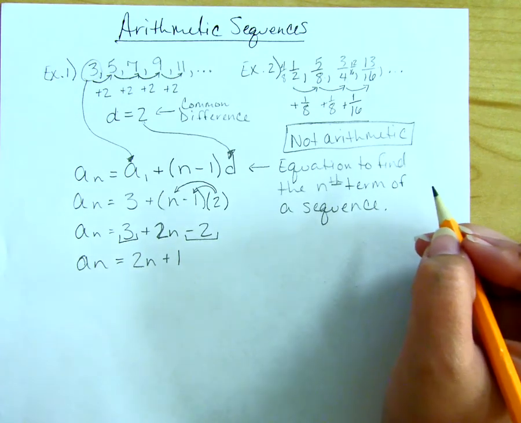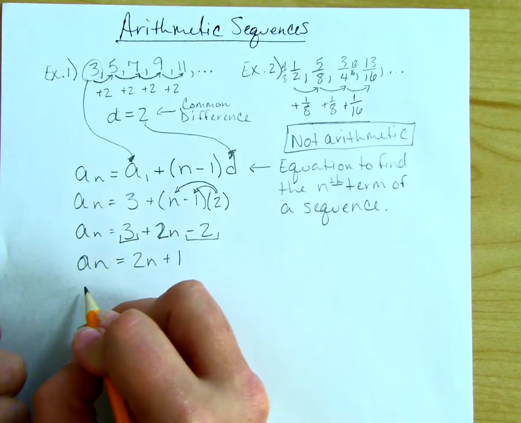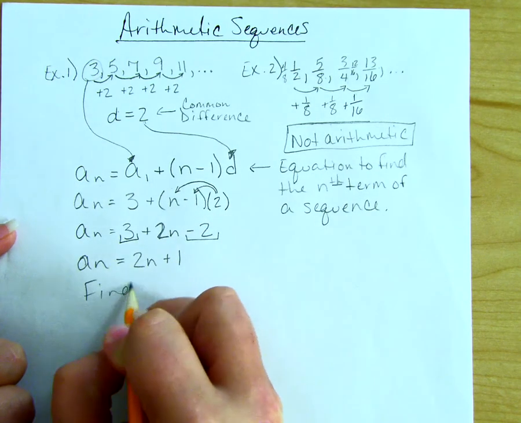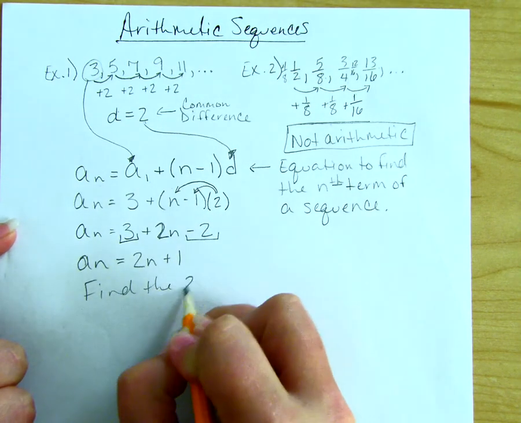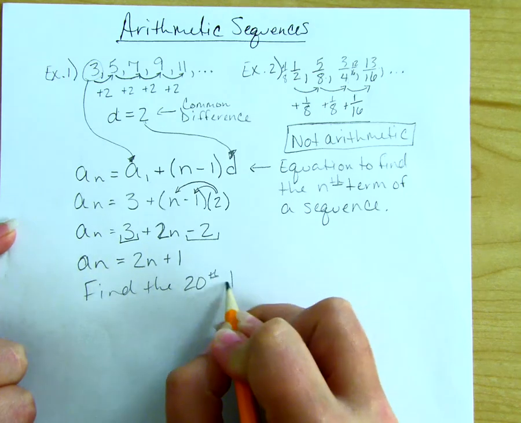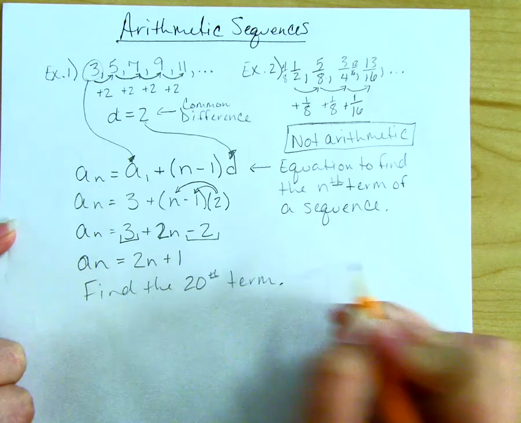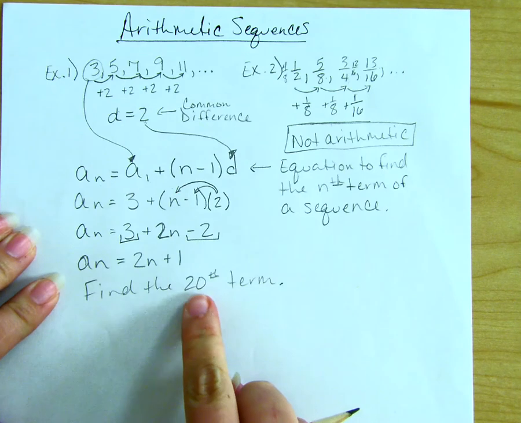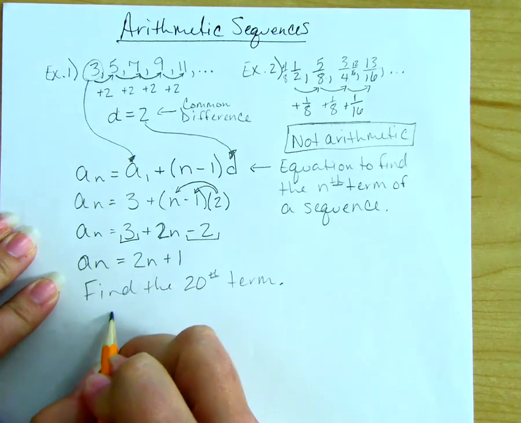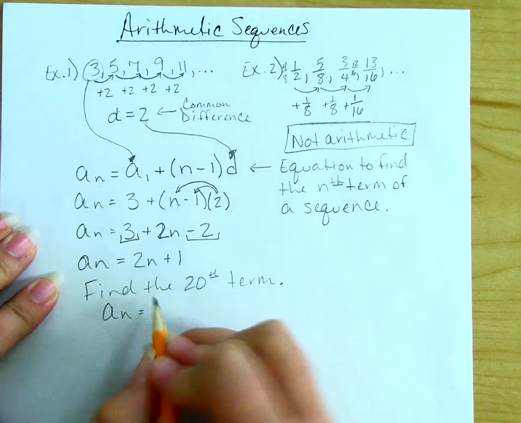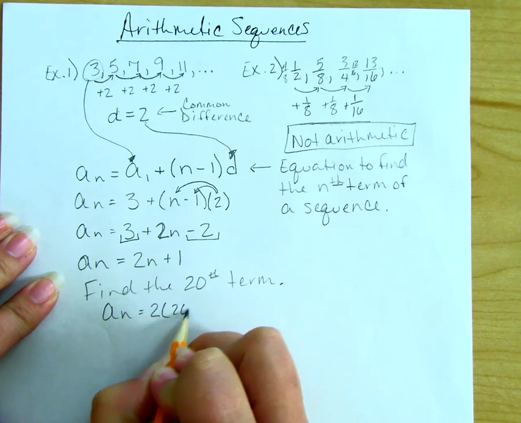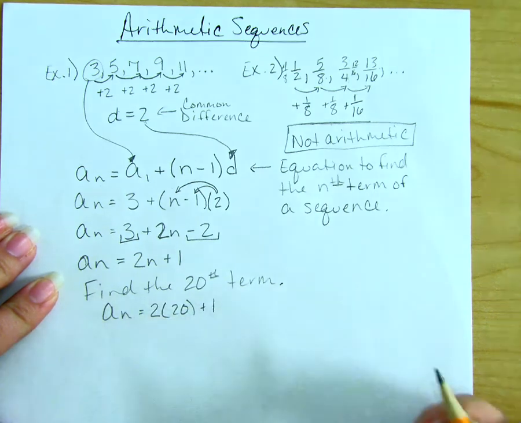So in this case, they could say, find the 20th term in the sequence. Well, to find the 20th term, I just take 20 and I plug it in for n. So I'd have a sub n equals 2 times 20 plus 1.